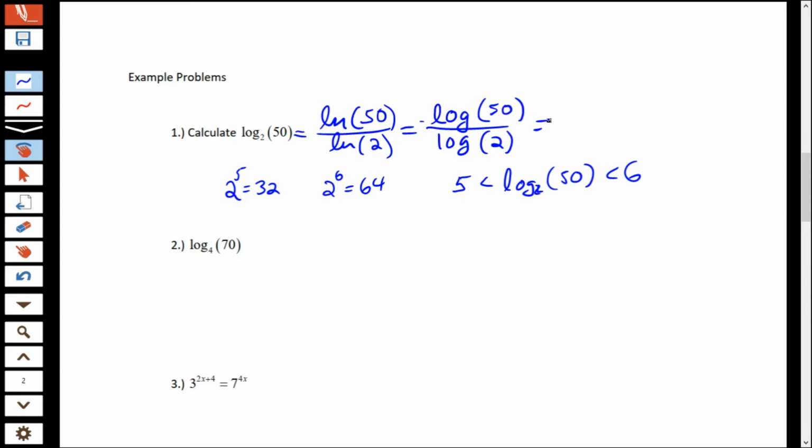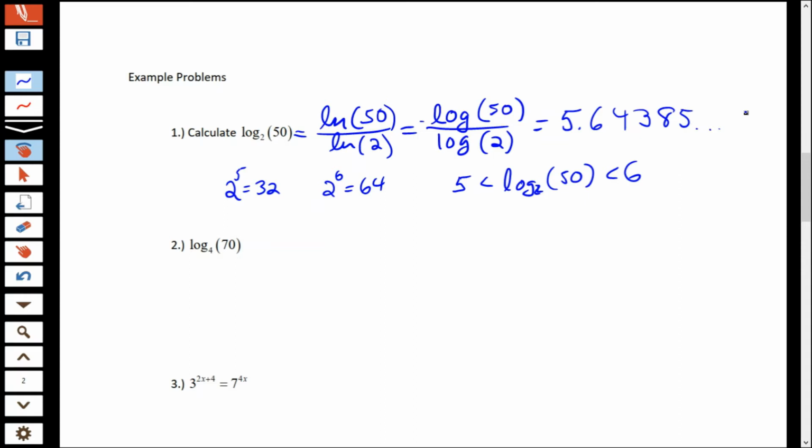I get 5.6438, and it keeps on going because it's probably not a great number, but take that value now and raise 2 to that power.